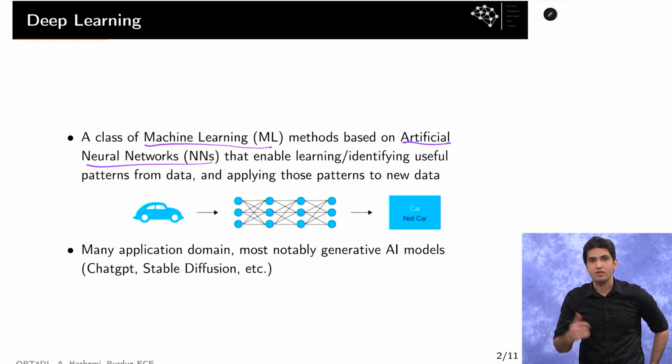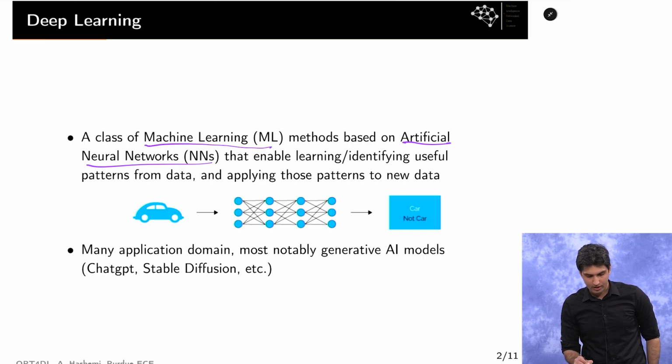So based on this concept, we can design a class of models that we refer to as artificial neural networks that is of essential importance in deep learning. So deep learning, a class of machine learning methods based on artificial neural networks that enable learning or identifying useful patterns from data and applying those patterns to new data.